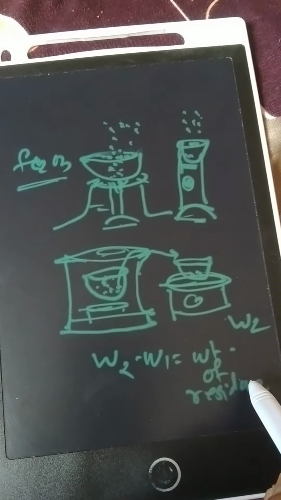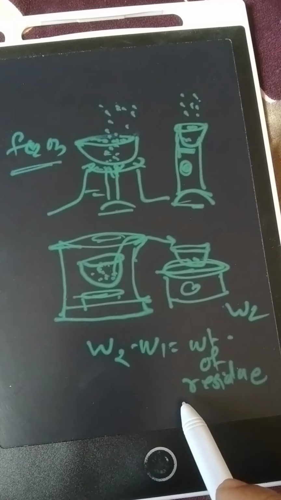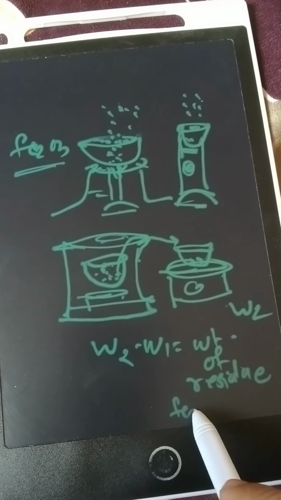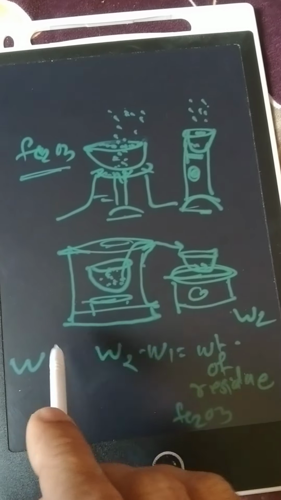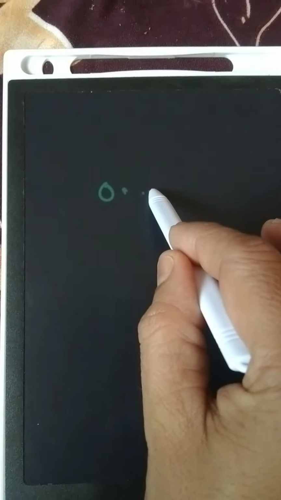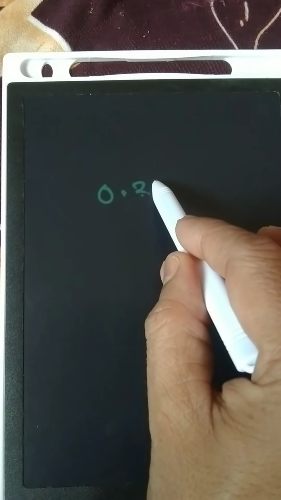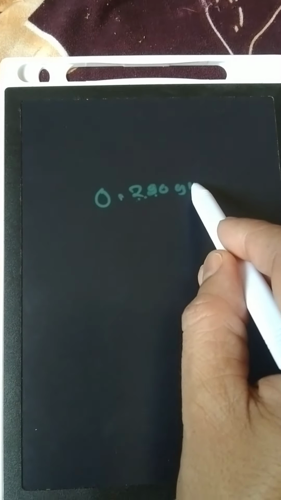The crucible weight is neglected, and we get the weight of residue Fe2O3, which will be W grams. That weight comes out in three-digit form, something like 0.280 grams.